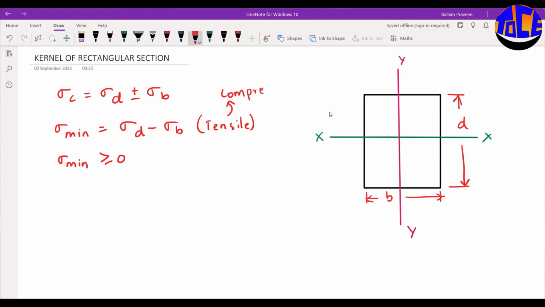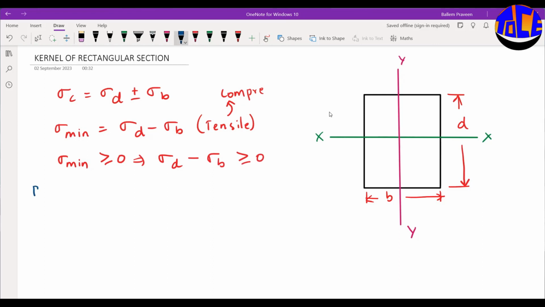Now let us try to derive the section within which the load can be placed so that no tensile stresses are developed. We know sigma minimum should be greater than or equal to 0 in order to avoid these tensile stresses. And what is sigma minimum? Sigma minimum is nothing but the direct stress minus the bending stress, and it should be greater than or equal to 0. What is sigma d?